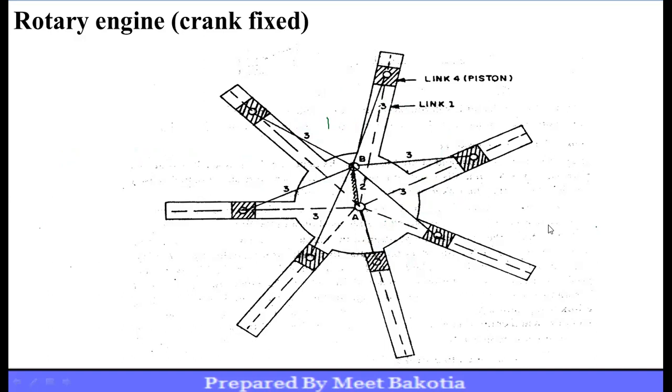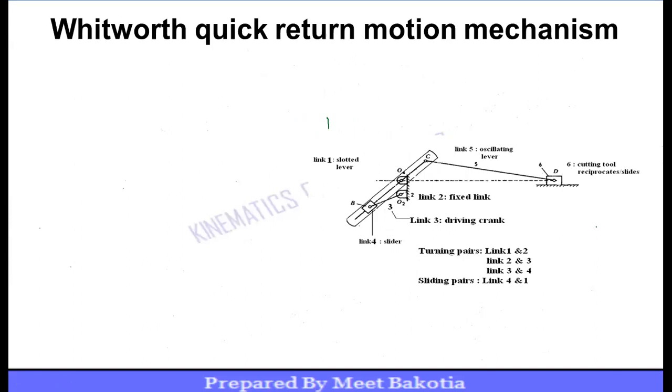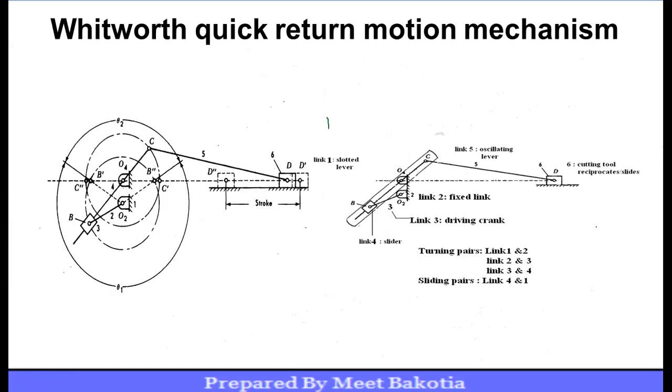Moving ahead to the next inversion, which is Whitworth quick return motion mechanism. Now, how is this an inversion of, again, the single slider mechanism? Because in this also we have link number 2 as the fixed link, right? Now, in this second inversion of single slider crank chain mechanism, link 3 is our driving crank.